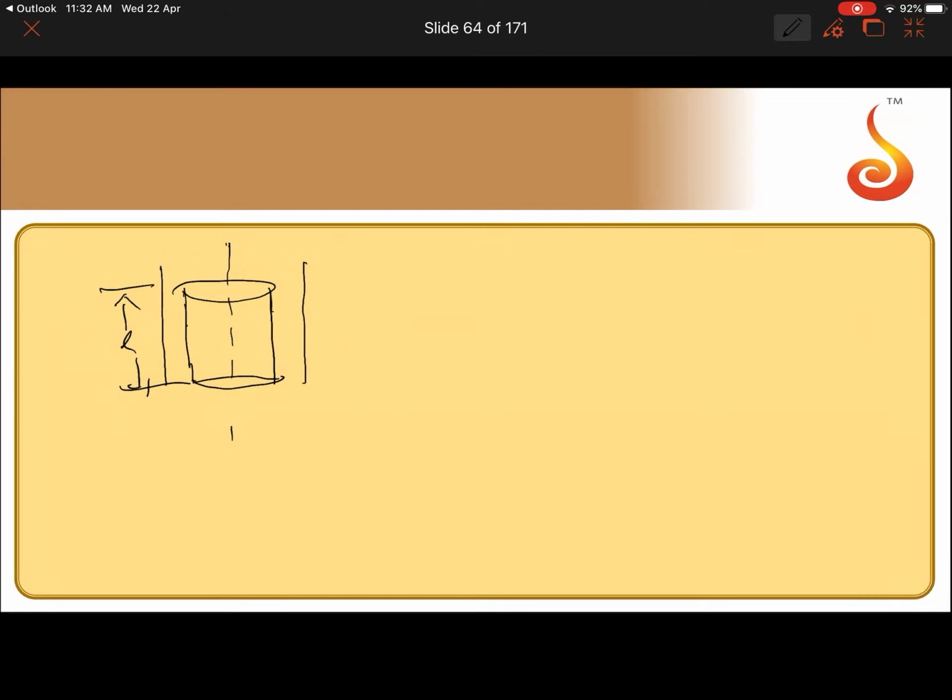Length is L, suppose. This is x. Electric field, so apply this.